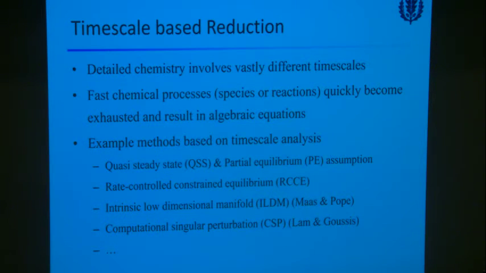Those reduced models are actually being used by engine simulations and so on. A lot of people are using it. But if you look into the literature, very few people are actually using partial equilibrium approximations, although they are equally classical, developed and proposed almost 100 years ago, altogether.